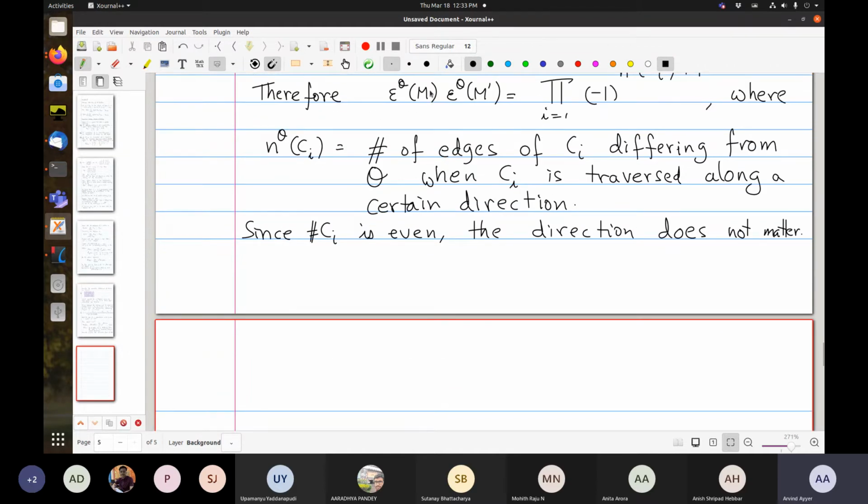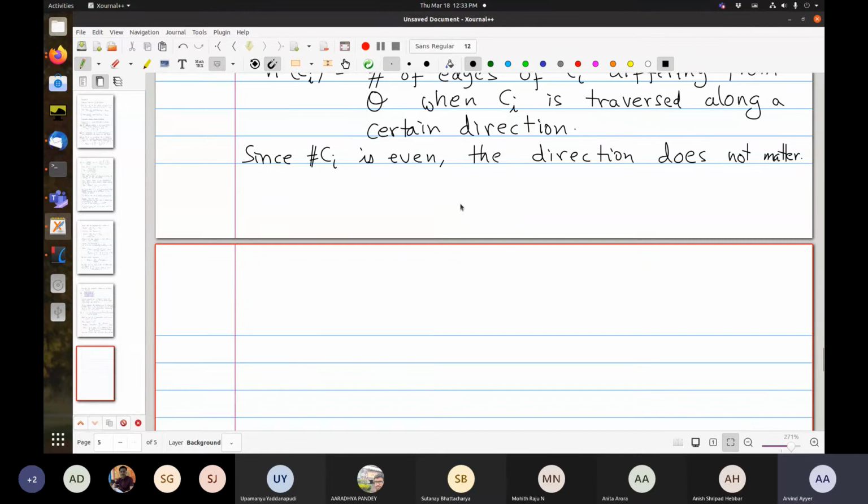So when composing, just to illustrate this last point, if I have a cycle, let's say an octagon, and I choose some random signs.